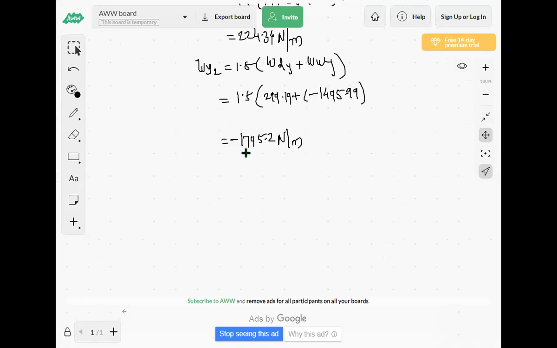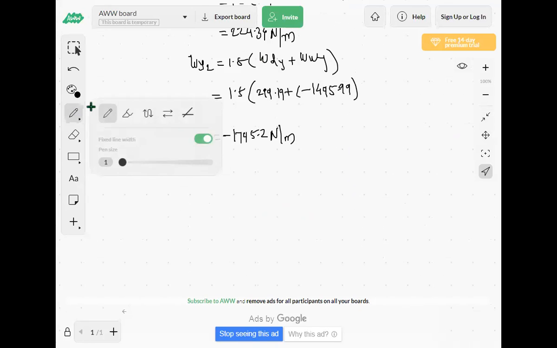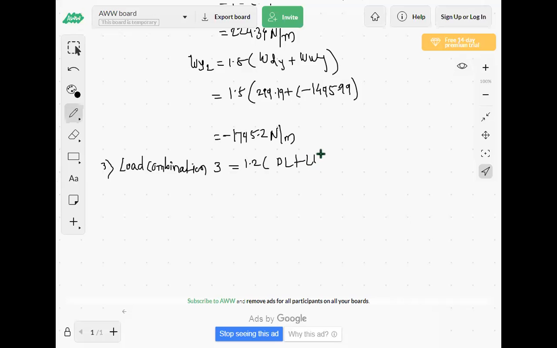So now we have to go for the third load combination. Load combination 3 is 1.2 into dead load plus live load plus wind load. So we have to factor by 1.2 for the addition of these three loads.